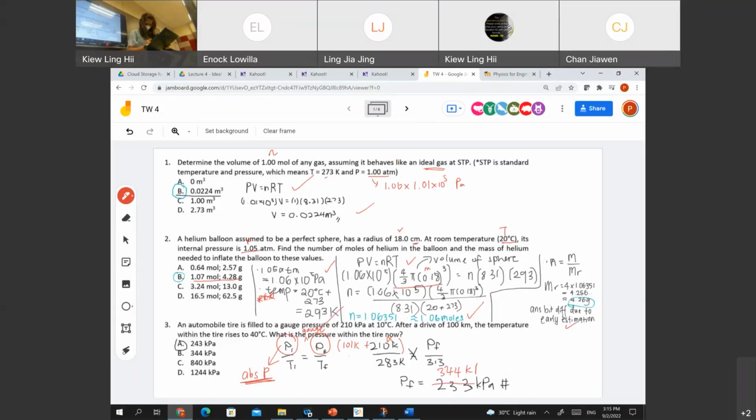What is the gauge pressure at final? 344 kilopascal minus 101 kilopascal, this is how you get 243 kilopascal.